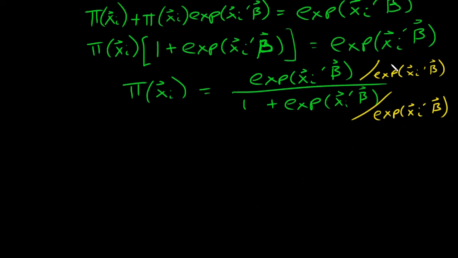I haven't done anything, because I'm dividing both the numerator and denominator by the same thing, which is basically multiplying by 1. But what I am doing is going to simplify some stuff.